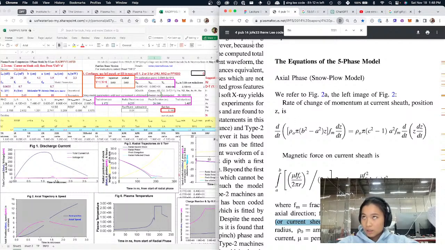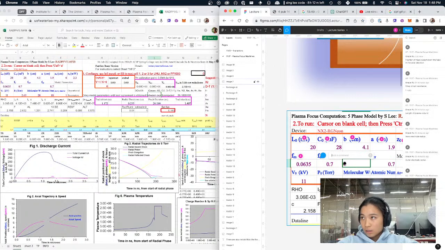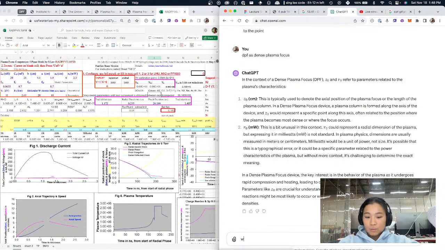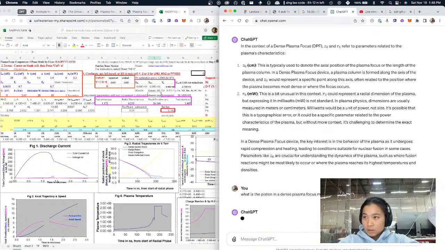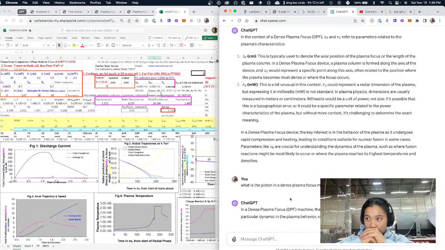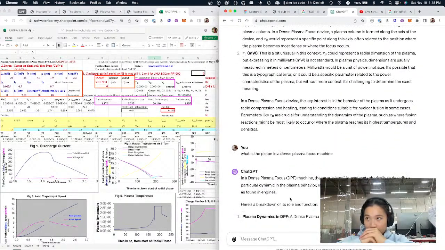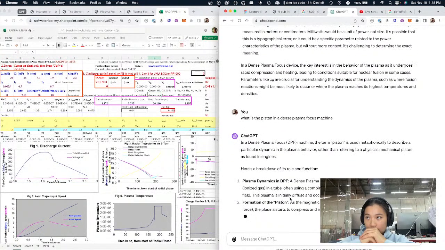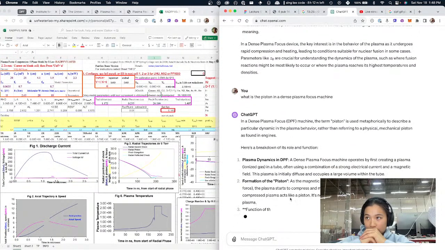What does this mean? Okay. Let's ask. What is the piston in a dense plasma focus machine? Dynamic in plasma, referring to a physical mechanical piston found in engines. Okay.